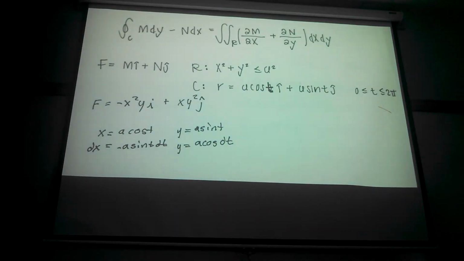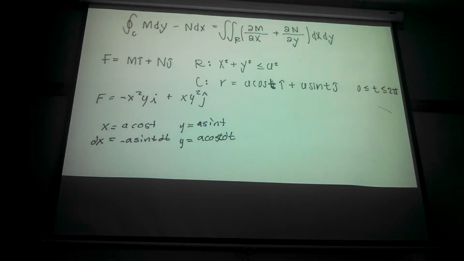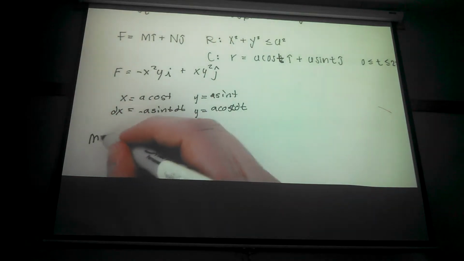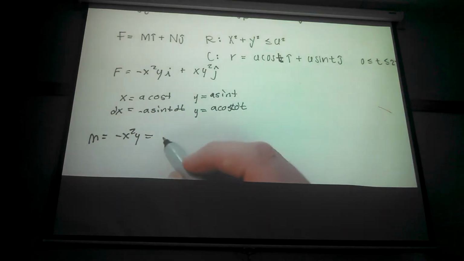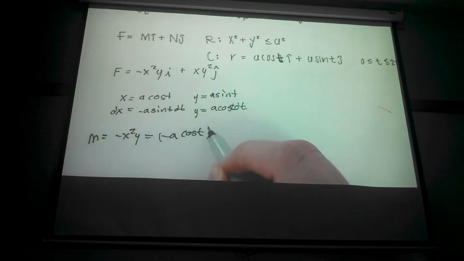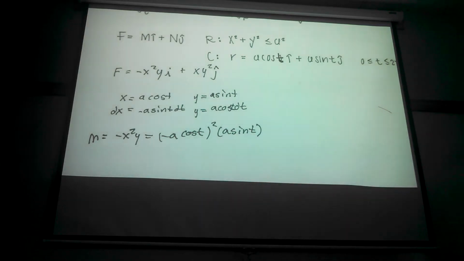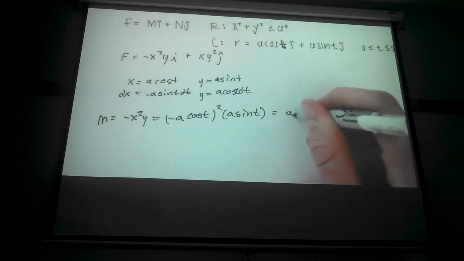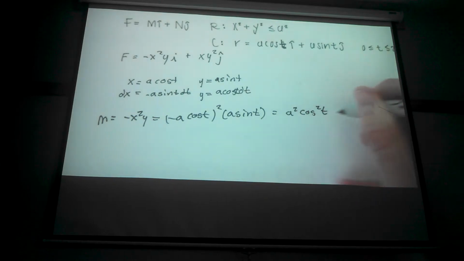Oops, I forgot the t. Now going from there, since our m is really negative x squared y, this is really, in our u terms, negative a cosine of t, all of that squared, and a sine t is our y, which we get to be simply negative a squared cosine squared t.